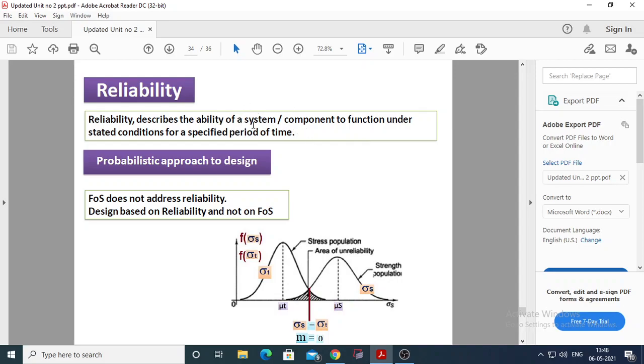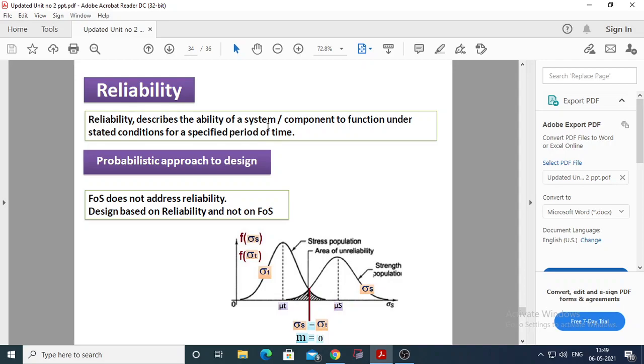Reliability is denoted by capital R, and the reliability range is always 0 is less than or equal to R, reliability is less than or equal to 1.